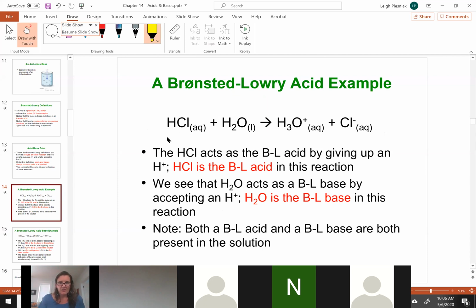In this case, HCl donated a proton to water, and because it was a proton donor, it was a Bronsted-Lowry acid. The water functioned as a proton acceptor, so it was a Bronsted-Lowry base.